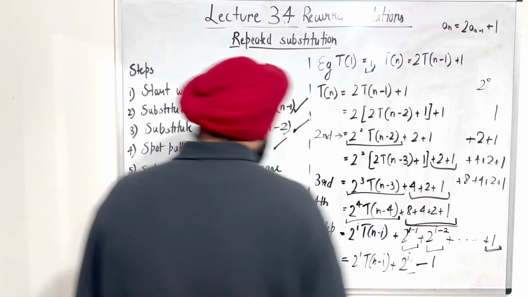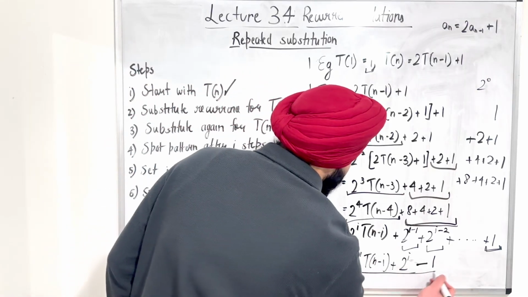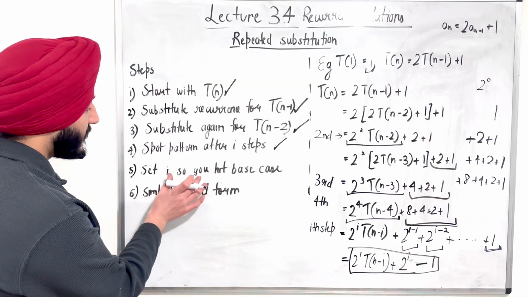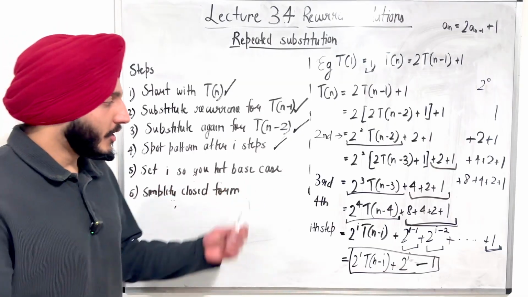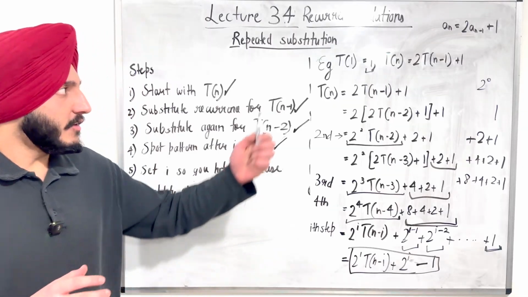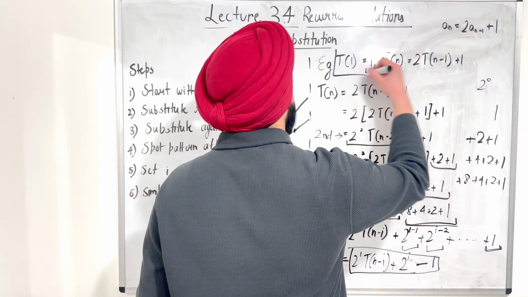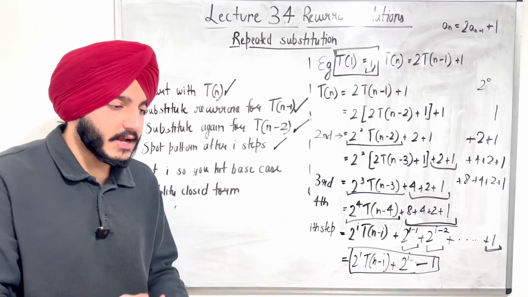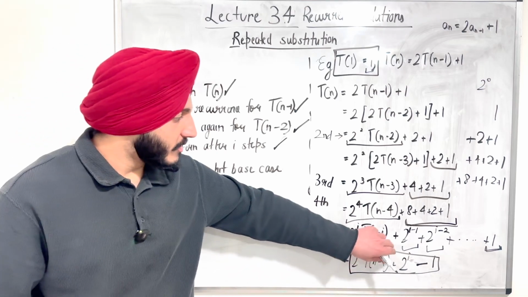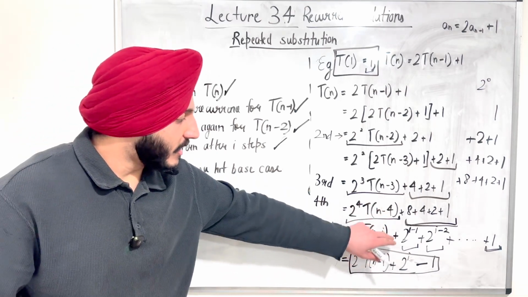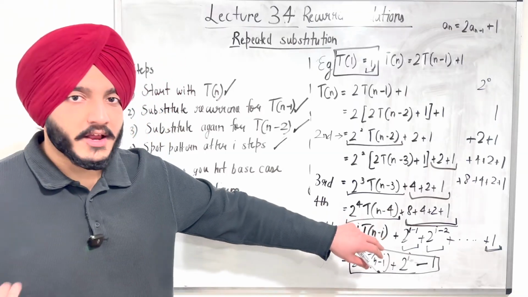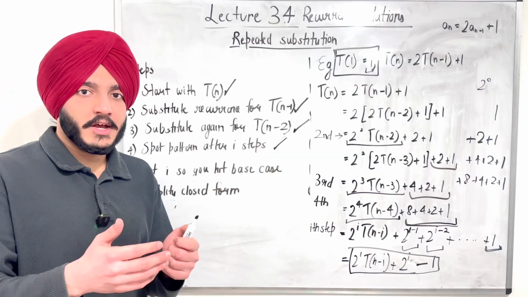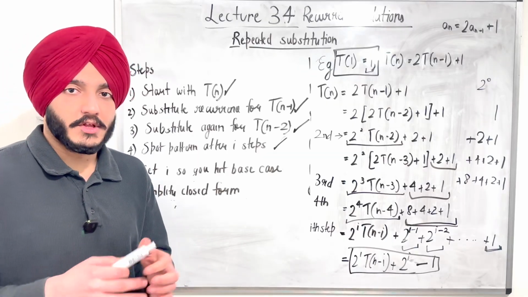Okay, so once again, this is the final form. Now, this is the step we are at: set i so you hit the base case. What I mean by this is, the base case was T1 equals 1. By hitting it, I mean that I need to keep on taking a step back, replacing this T(n-i) again and again until you reach the base step, because this is a recurrence. In a recurrence, let's say you're supposed to find A1000.